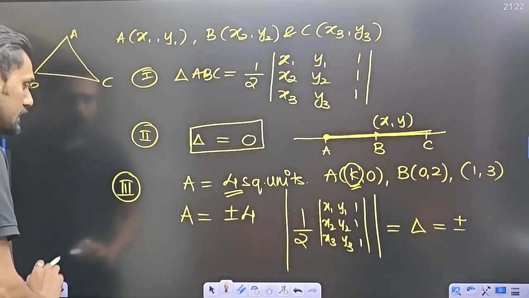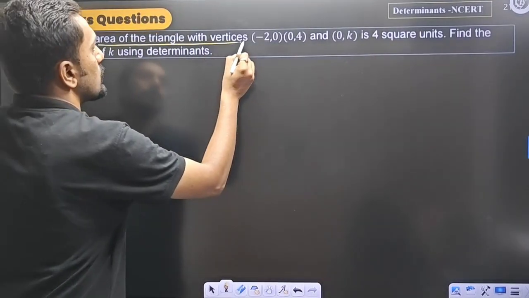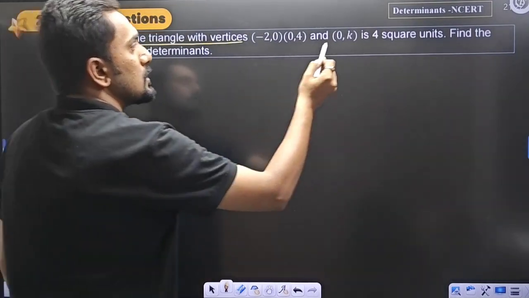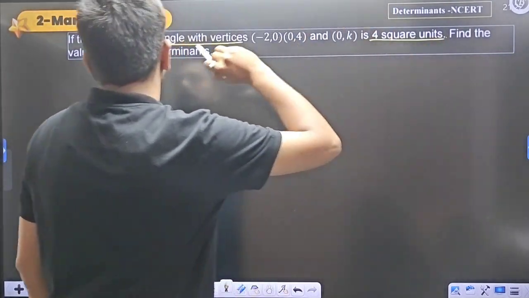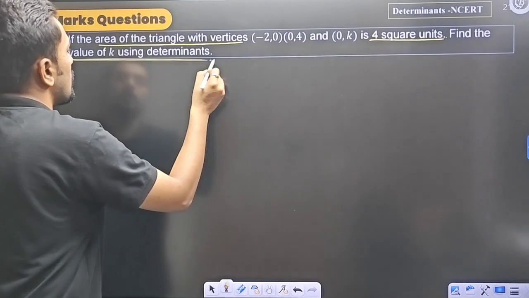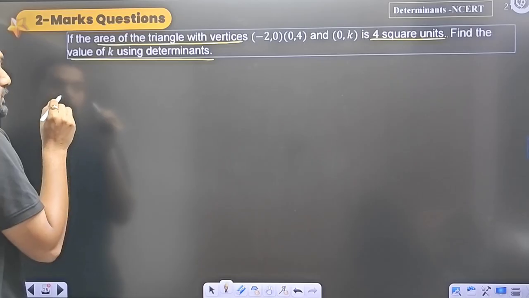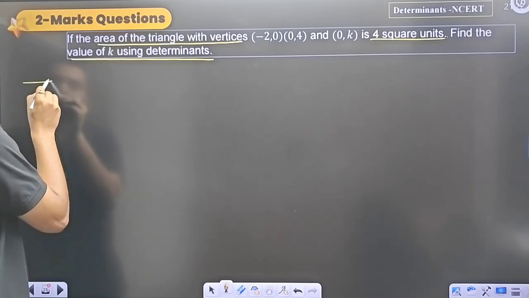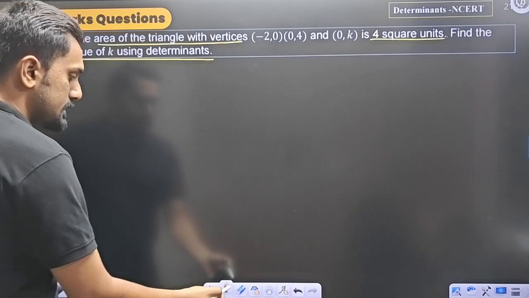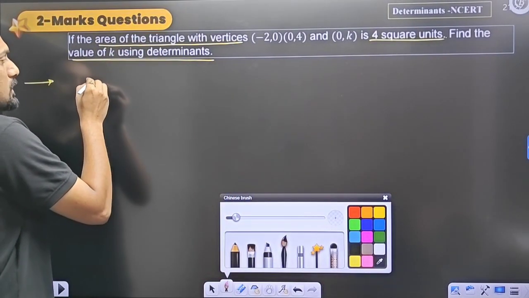So let us start with one example. If the area of the triangle with vertices is 4 square units, okay, 4 square units, then find the value of k using determinants. So here he has given the vertices.